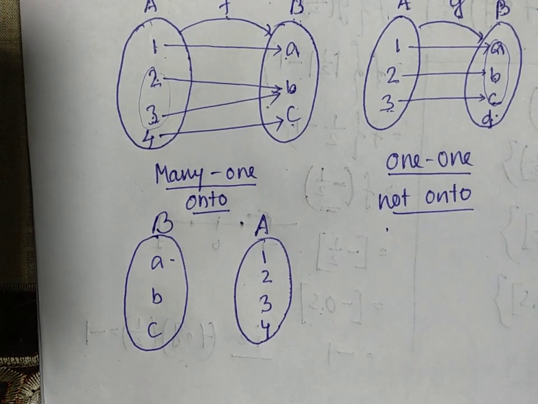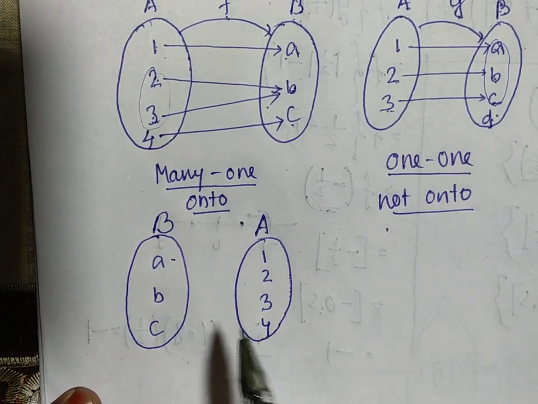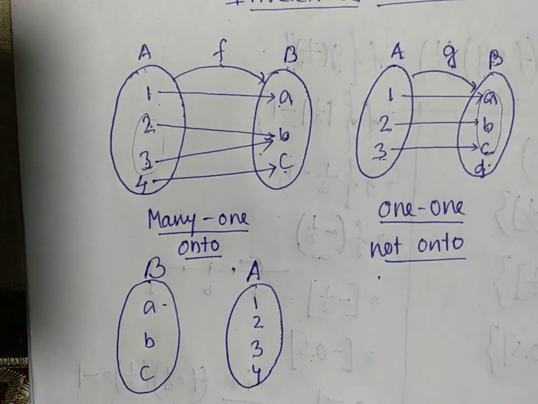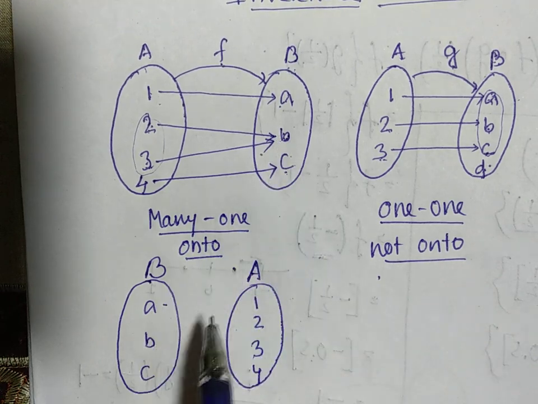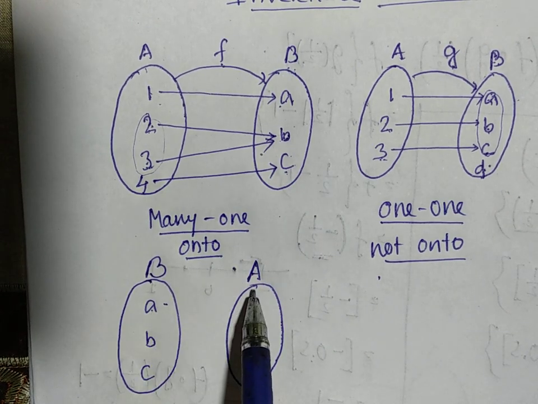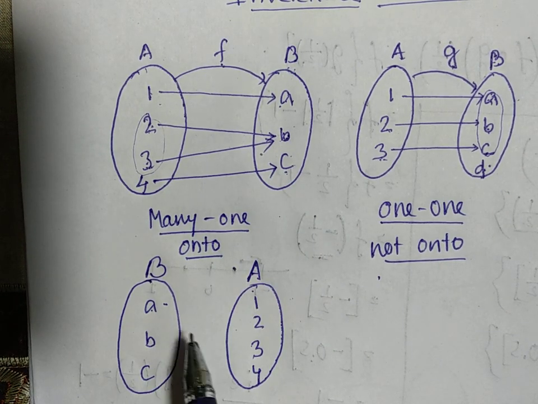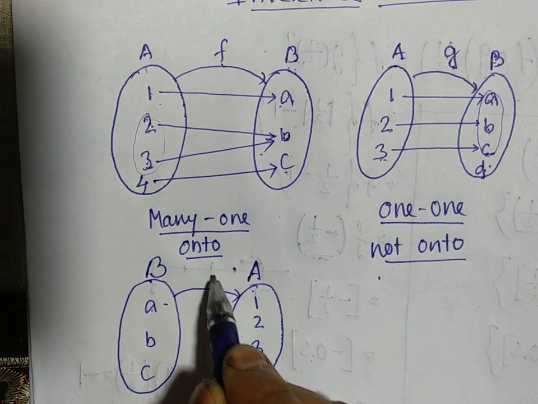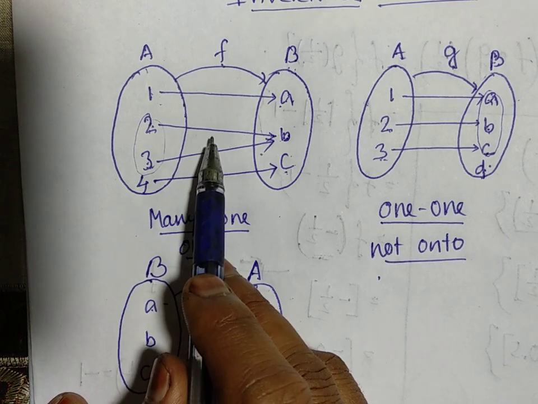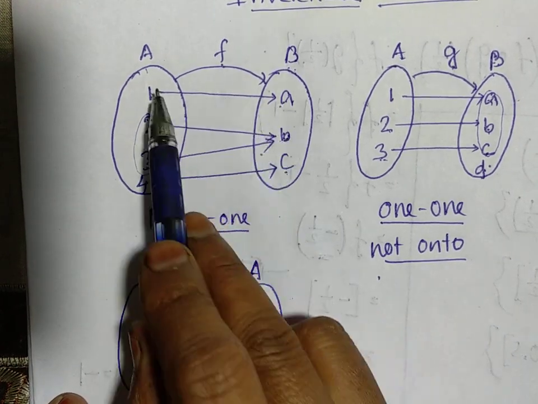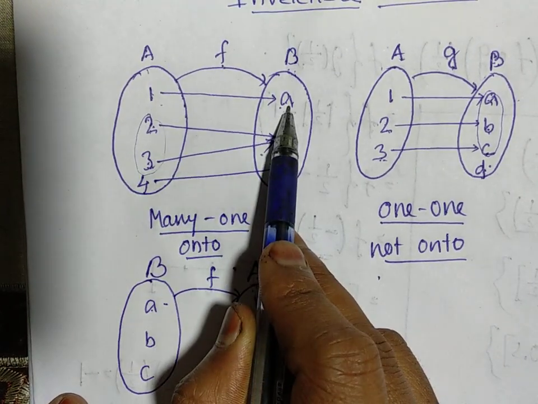Let me explain. If we consider the function in the reverse way, that means here A is the first set, B is the second set. If we consider the reverse way, B as first and A as second, then what will happen? We don't have any idea whether this is a function or not. Under the function f, a is the image of 1, that means 1 and a are related.